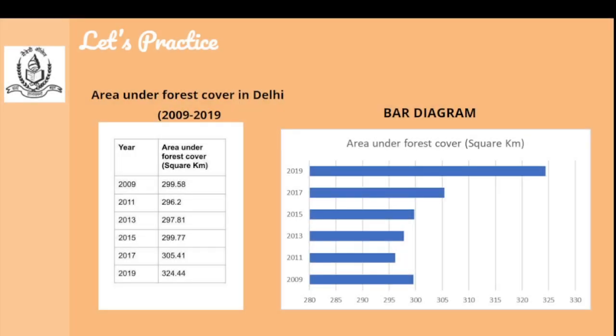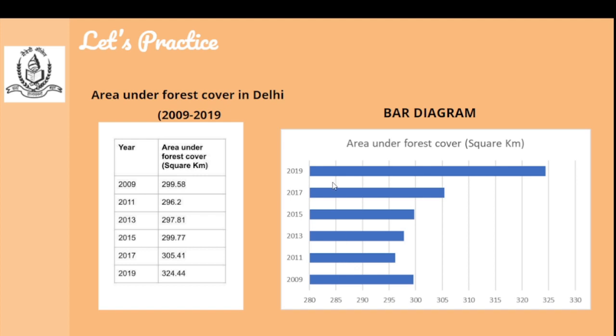Again, let us understand with the help of the same data set that we took for our line diagram. This is actually data collected by one of our students while conducting project research work for the biostatistics paper. Here again, it is the area under forest cover between the years 2009 to 19. Now you can see the bar diagram that has been drawn here. I will ask you to identify it, and yes, it is a horizontally drawn simple bar diagram.